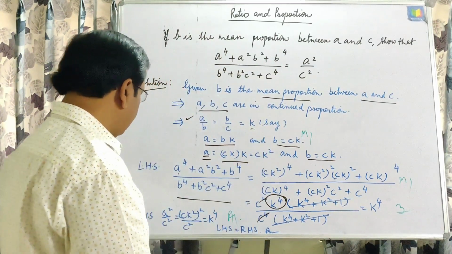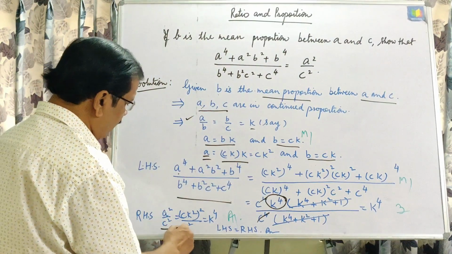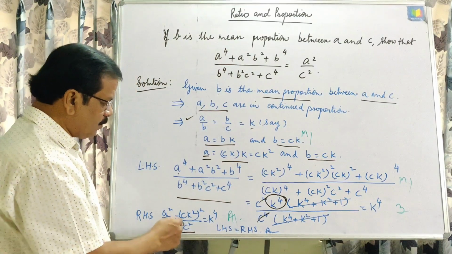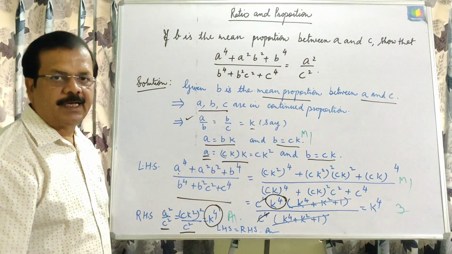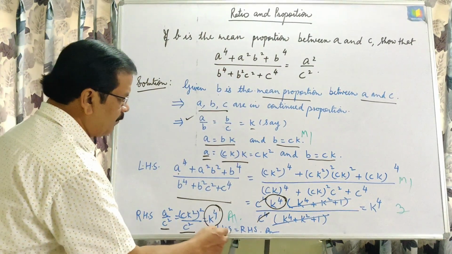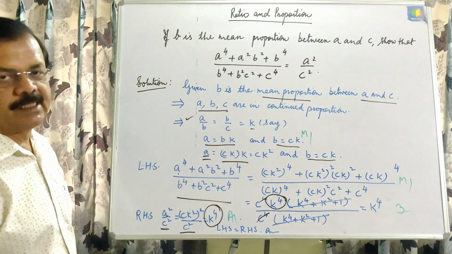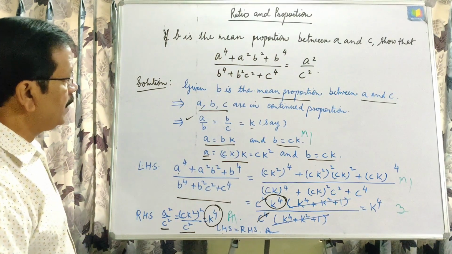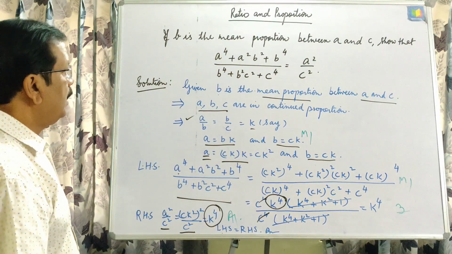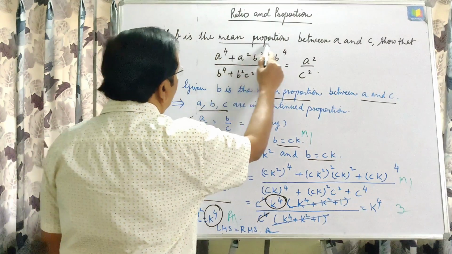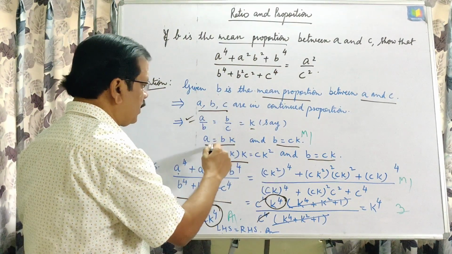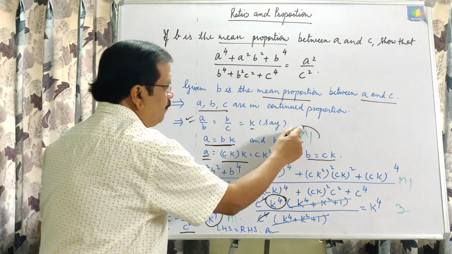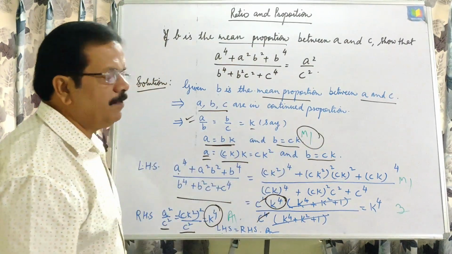On the right hand side, A square upon C square is equal to Ck square upon C square, that is C square will be cancelled. We will get k to the power 4. This way, left hand side is equal to right hand side. As far as the marking scheme, if you know the meaning of mean proportion, that is you have written this ratio correctly, then the first method mark will be given.